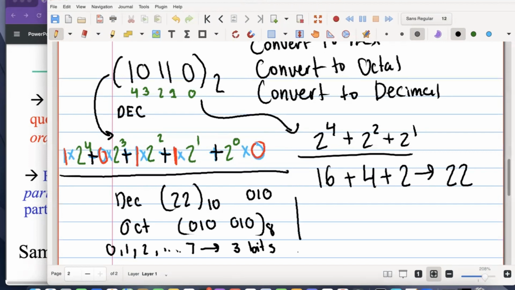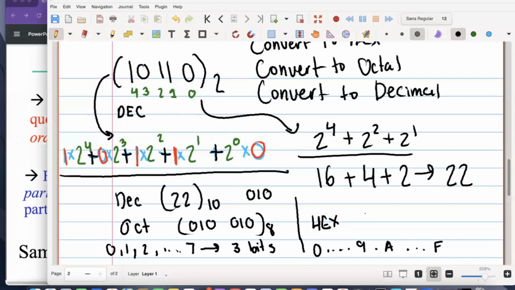Okay. Now, is hexadecimal different or is it the same? Well, good news. It's the same. We have hexadecimal, which is from 0 all the way to 9. Then we have A all the way to F. How do we represent 22 but in hexadecimal? Well, hexadecimal is 4 bits now. Does it really change? Not really.